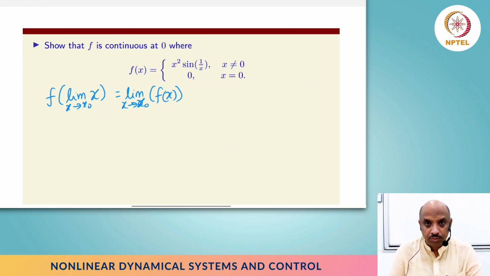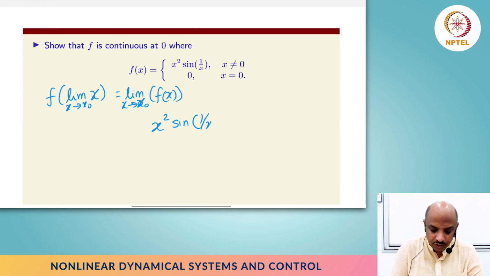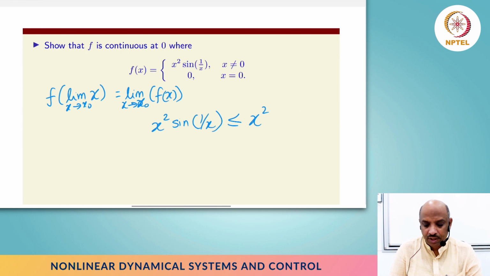So once we know something is continuous like that, then we can actually do tricks like this. So for example, the absolute value of x square sine of 1 over x is less than or equal to x square. Why is that? Because sine of 1 over x is between -1 and +1, so this is always guaranteed for whatever value of x.